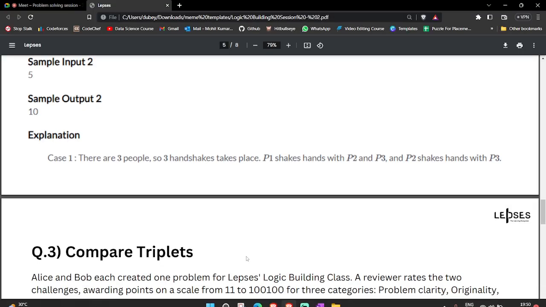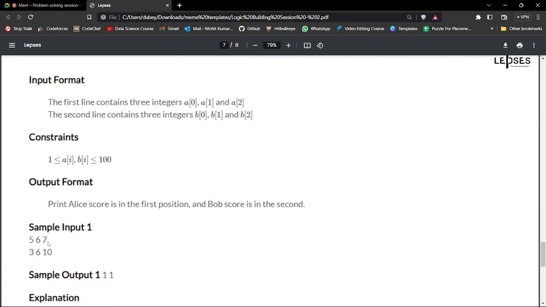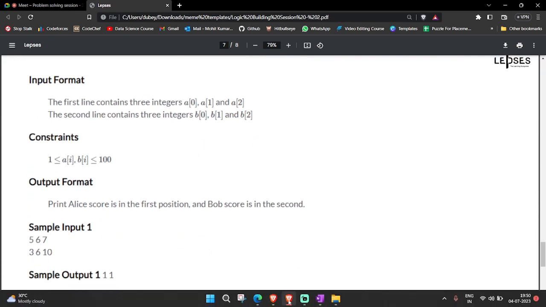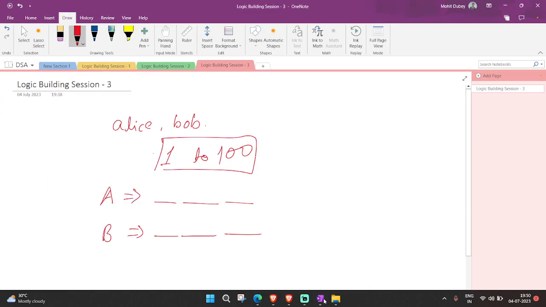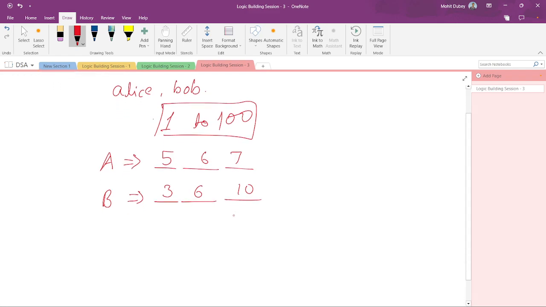Let's take an example and consider these values, 5 6 7 and 3 6 10. So these are the triplets, right? While taking the input, we'll be getting this as input.